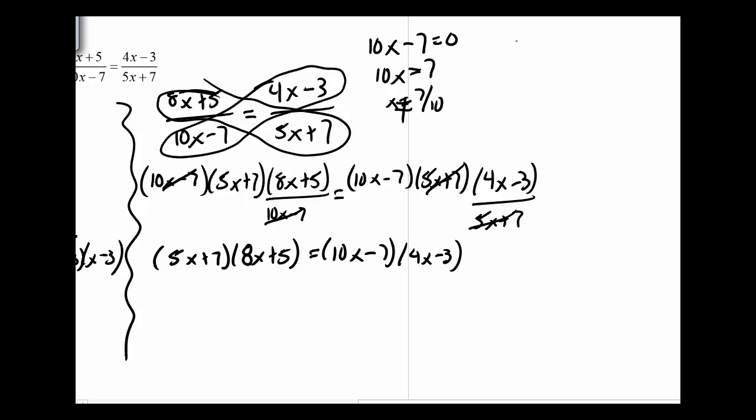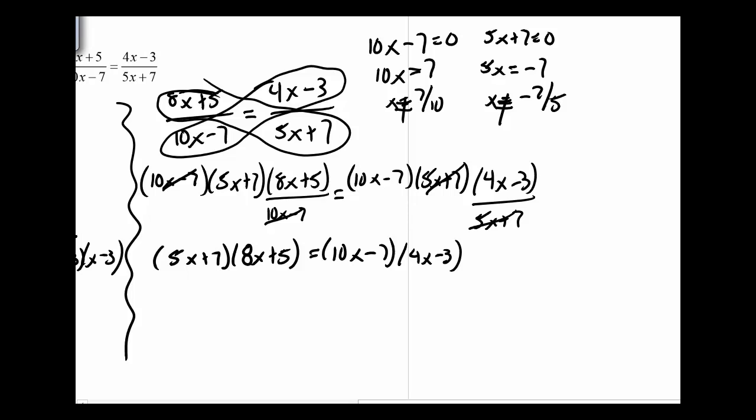And the other thing that I multiplied by was 5x plus 7. So before I go any further, I'm okay with what I just did mathematically as long as x doesn't end up being 7/10 or negative 7/5. Because if it does, then I have violated the multiply by a non-zero expression rule.